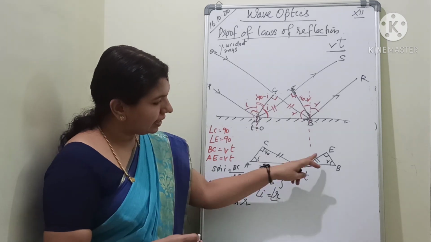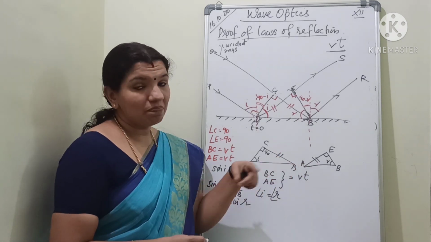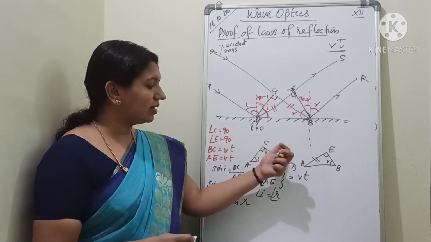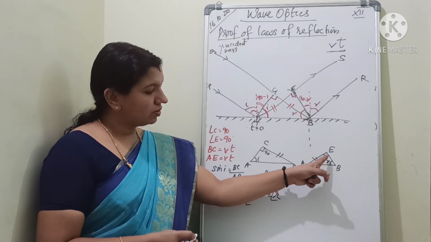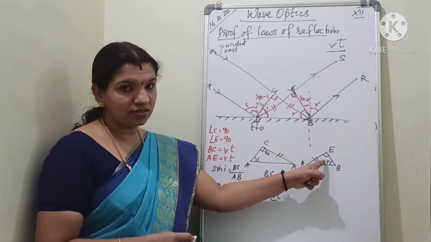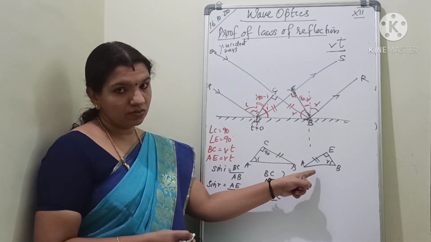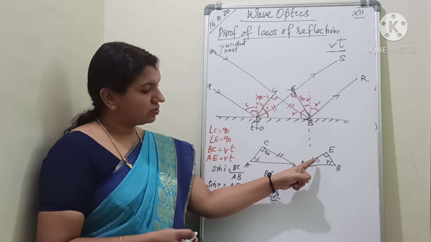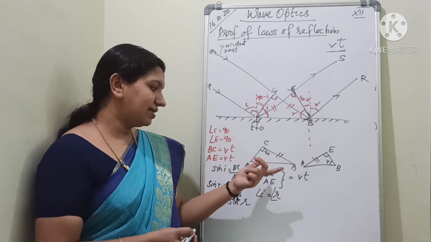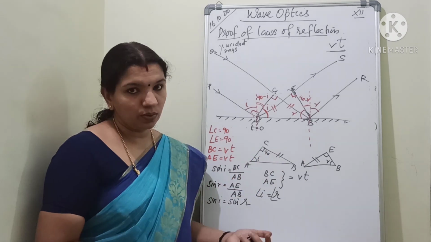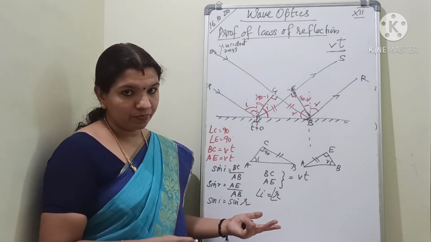Otherwise you can apply the congruence theorem. These two triangles are congruent since these angles are the same, 90 and 90, and the sides are the same. So the angle opposite the congruent side is also the same. In that way also you can take I equal to R. Two ways you can prove. Understand?